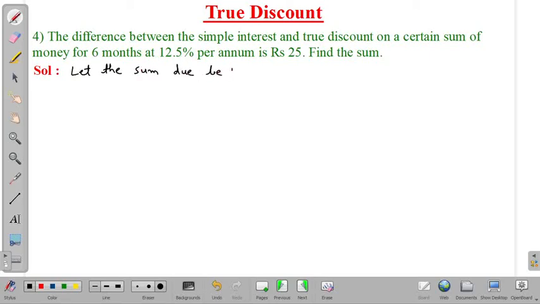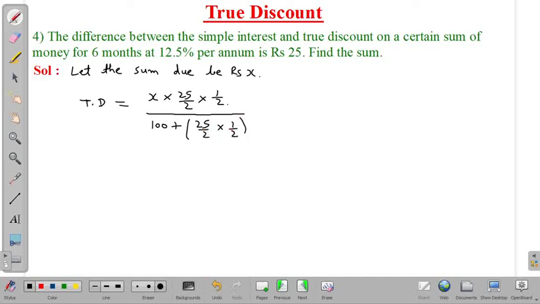Let the sum due be rupees x. So we know the formula to calculate true discount. So true discount is given as x means amount into rate of interest. 12.5 means 25 by 2 into time. See, time is given as 6 months, so we can convert this into year, and it will be 1 by 2 year, divided by 100 plus rate of interest is 25 by 2 into time is 1 by 2.